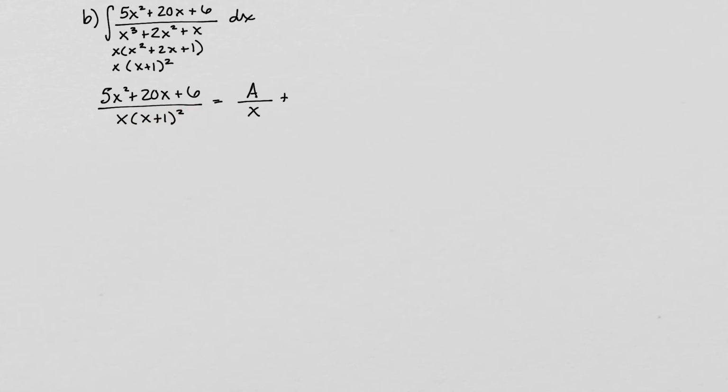So I need a B over x plus 1 to the first power plus C over x plus 1 to the second power. So you have to keep going up in powers till you get to the power that is on our fraction. So the power on this fraction happens to be a 2. Questions about that?